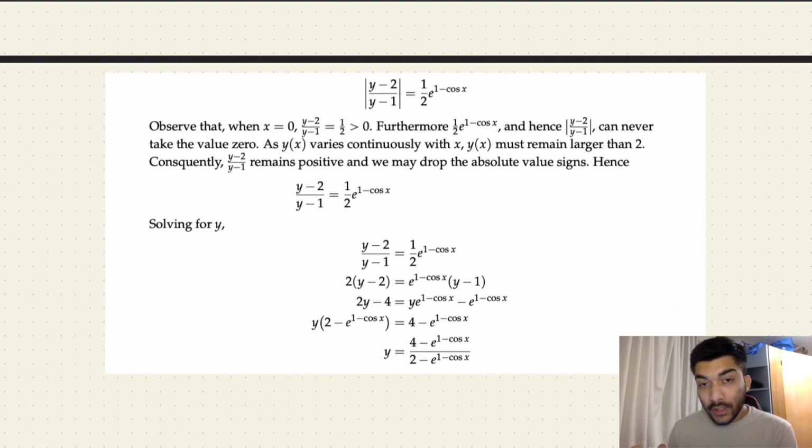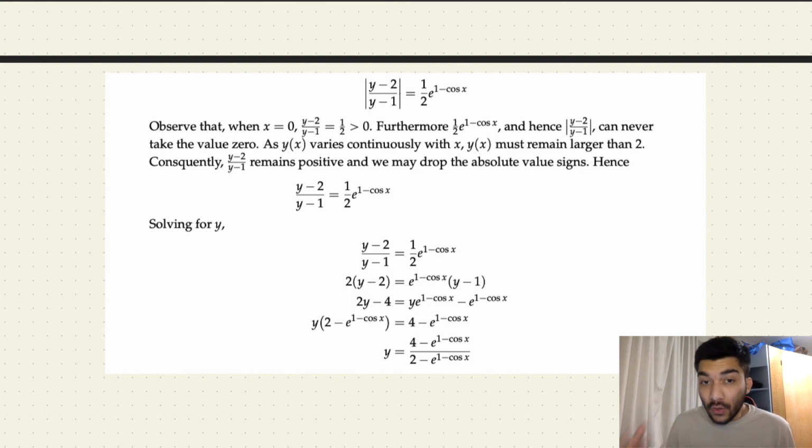Using all these concepts that we already know about y, since y is a continuous function and the left-hand side cannot be equal to 0, y cannot be equal to 2. And if y is continuous, it must remain larger than 2. Because y has a continuous graph and can never be equal to 2, to get y values lesser than 2 it would have to pass through the y equals 2 point.